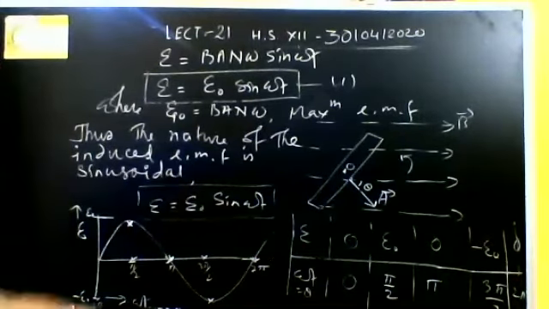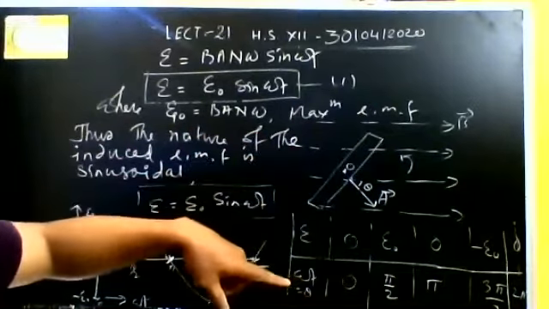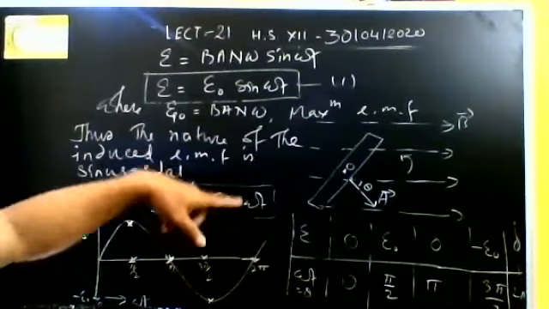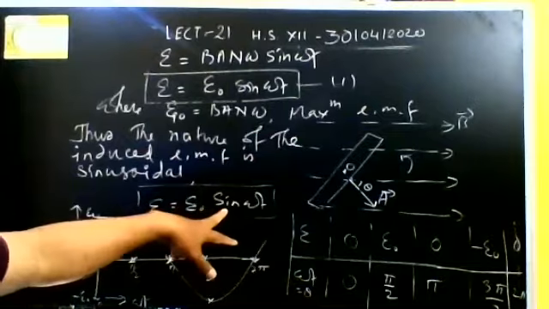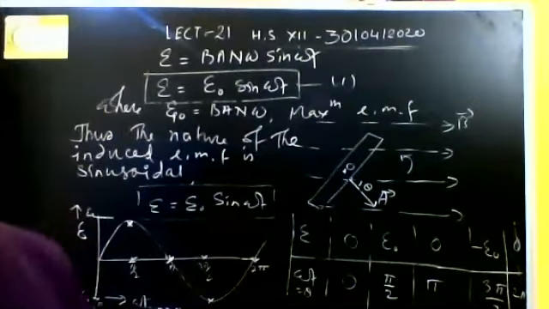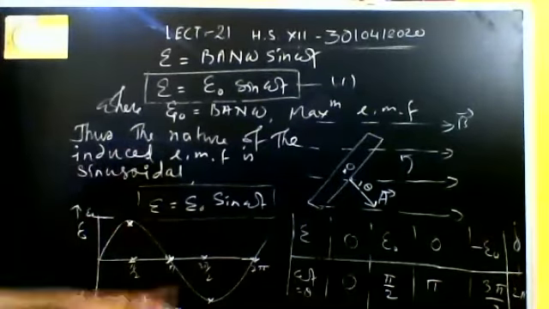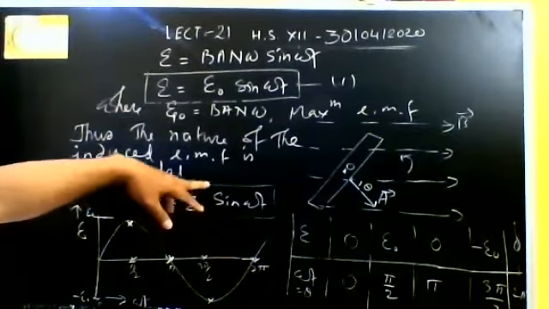Okay, so by changing the orientation of the coil, you can produce induced EMF by following Faraday's second law, right? And that induced EMF in turn produces induced current.